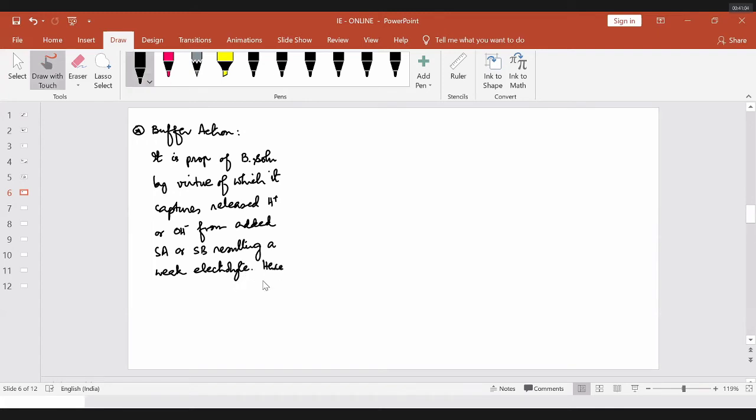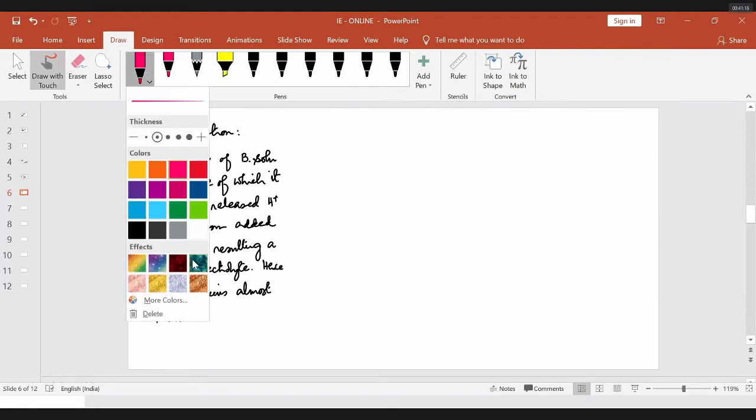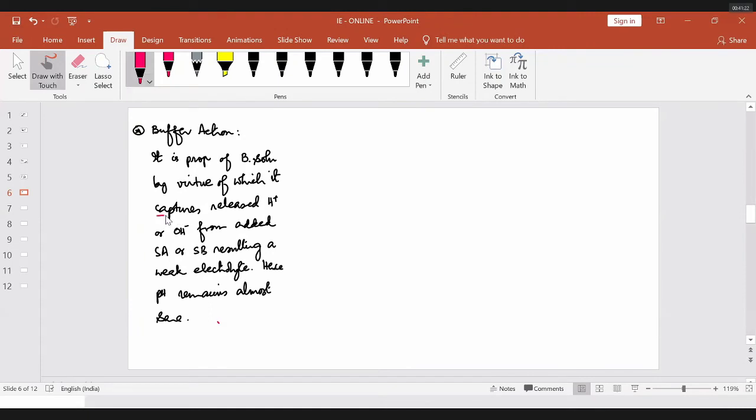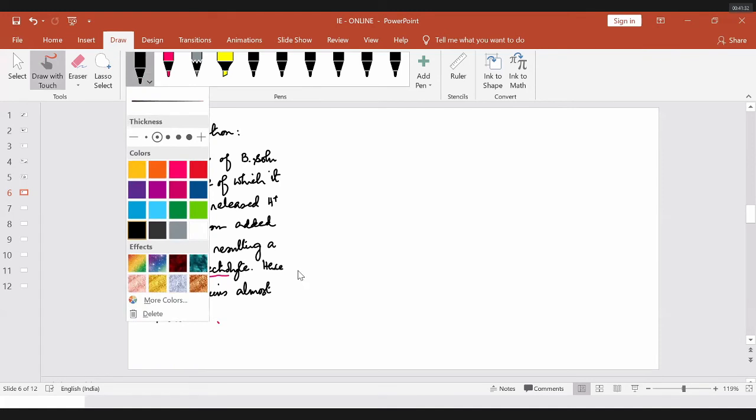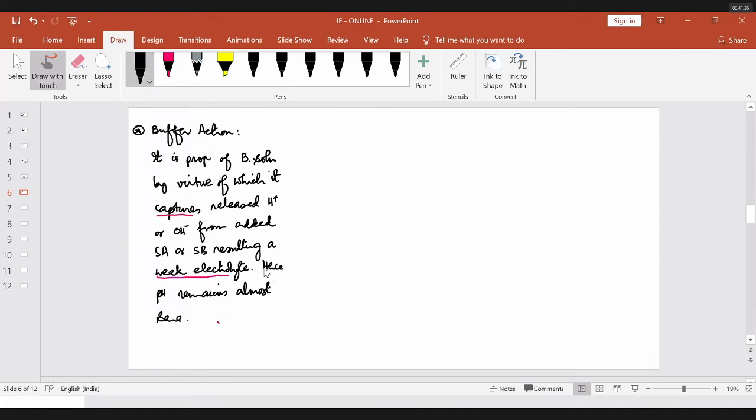Hence, pH remains almost the same. Here, remember two properties. Number one, what is that? Capture. Number two, resulting in a weak electrolyte. These are the properties which we call buffer action. Because of this behavior, remember that a buffer will maintain its pH constant.